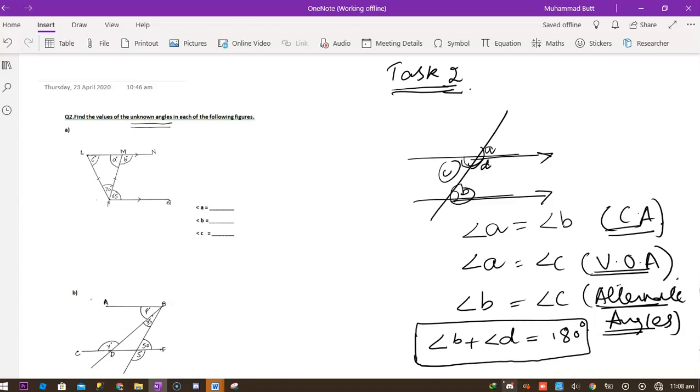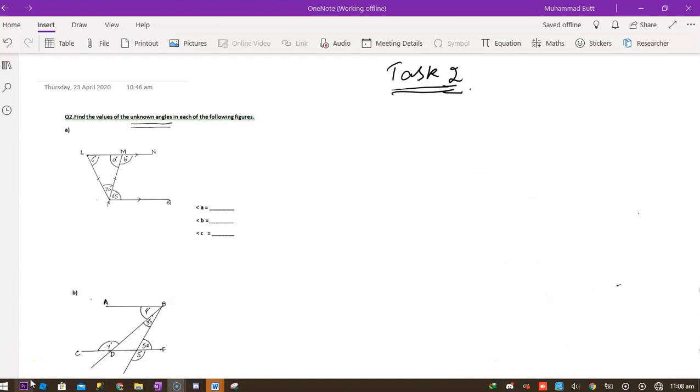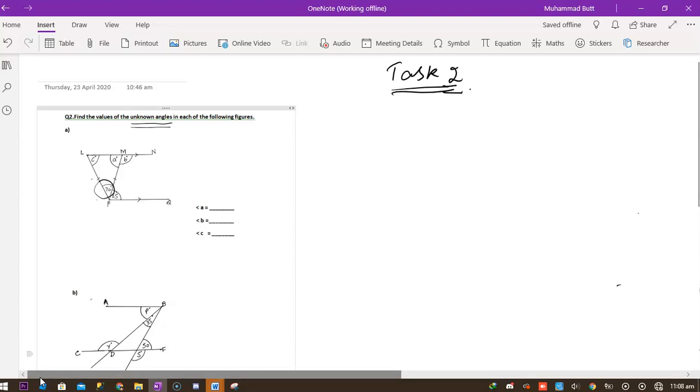Question number 2, part A. An isosceles triangle is being formed between two parallel lines, and L, M and P is an isosceles triangle. One angle is given to you, that is 70 degrees, and you have to find out angle A and angle C. You know that in an isosceles triangle, base angles are the same.